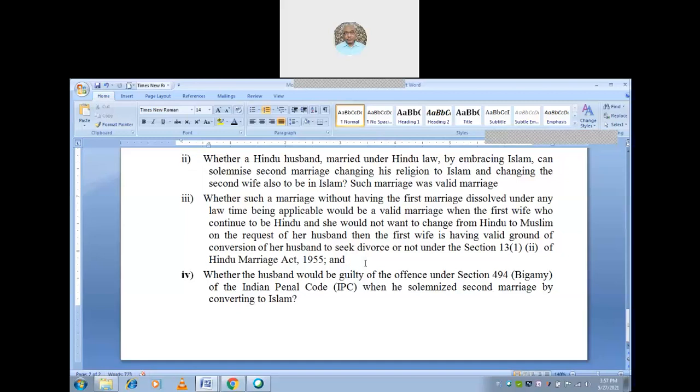But the question is, from whose side are you arguing? If you are arguing on behalf of the Union of India, at that time you can say that it is not a bigamy, because we have every right to change the religion and make the others change it to make a valid marriage. For instance, take Dharmendra, who married Hema Malini.